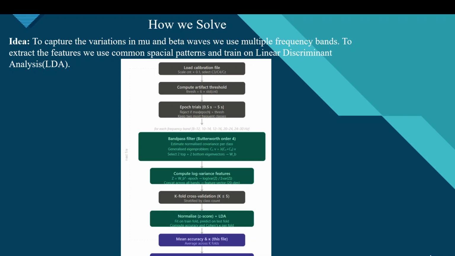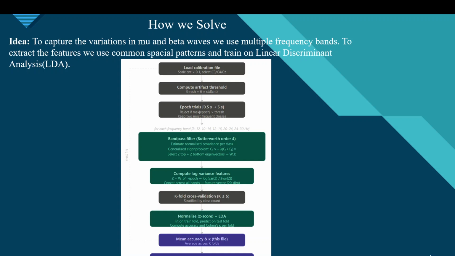So we project them to another space where on the x-axis the C3 channel power gets maximized and C4 power gets minimized, and on the y-axis the C3 channel power gets minimized and C4 channel power gets maximized. So we transform it to another space where we can take the decision easily.